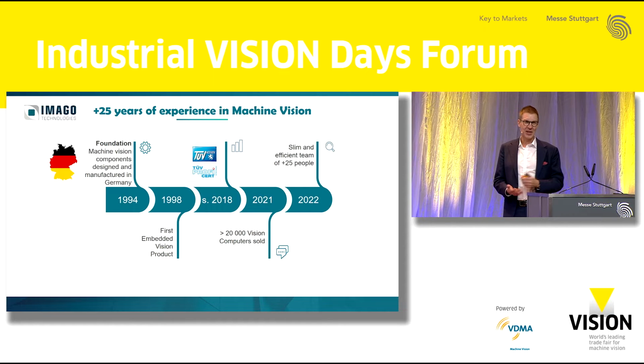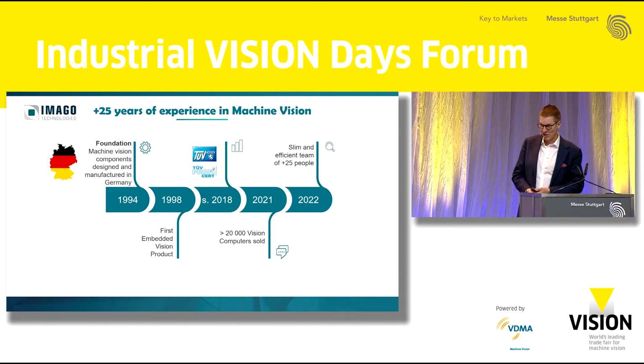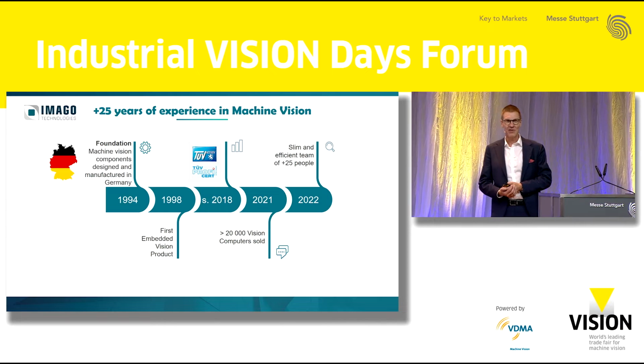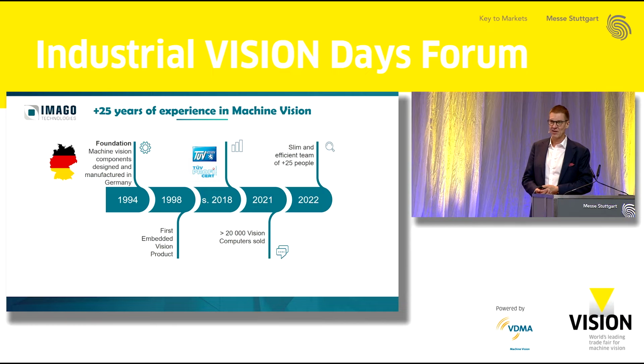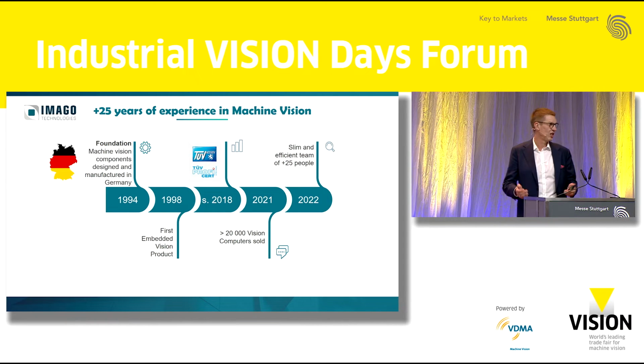At that time, we were working as a system integrator for machine vision. And in 1998, we introduced at the Vision Show here in Stuttgart our first embedded vision computer specialized for machine vision. In the meantime, it's a big family of vision computers and smart cameras. And more than 20,000 of these vision boxes are working in machines worldwide.